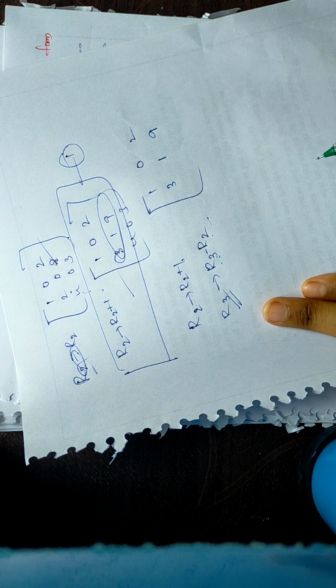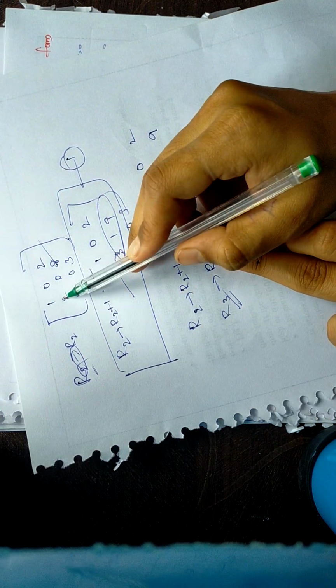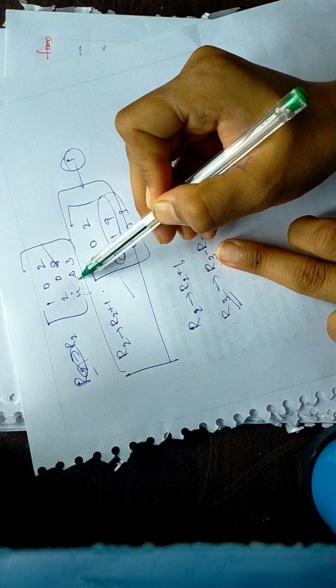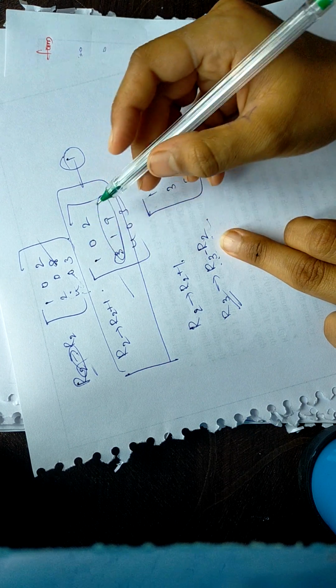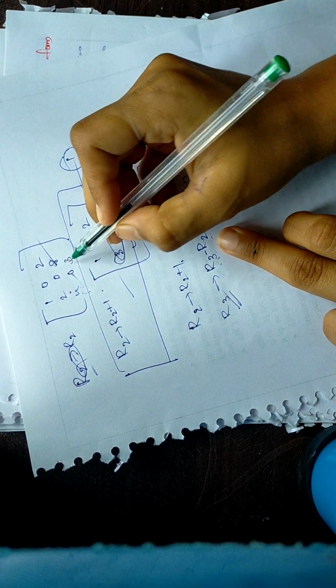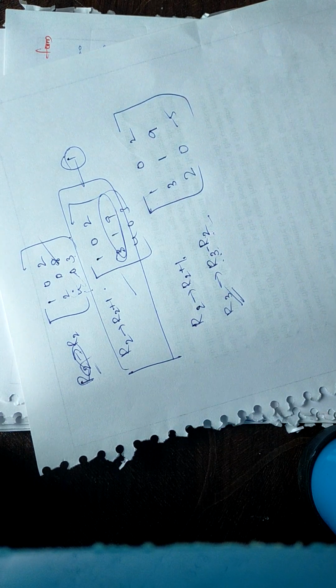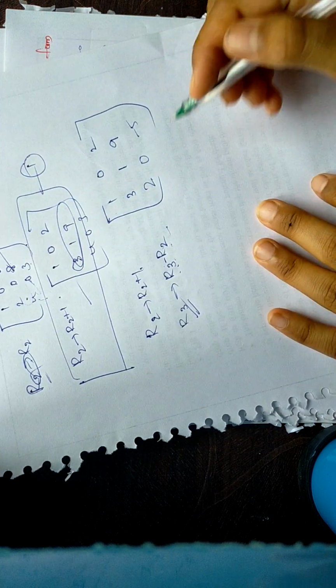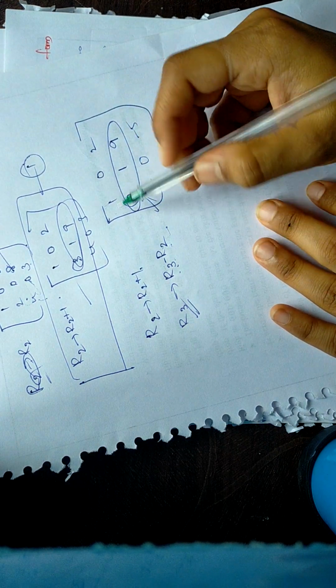Now what most people will do is 4 minus 2, because they are considering the original matrix only. What is 4 minus 2? 2. Again 0 minus 0 is 0. Next 3 minus 8 is minus 5. They will think this is the correct matrix, but no. Why? Because in this step we have already updated the R2 row.